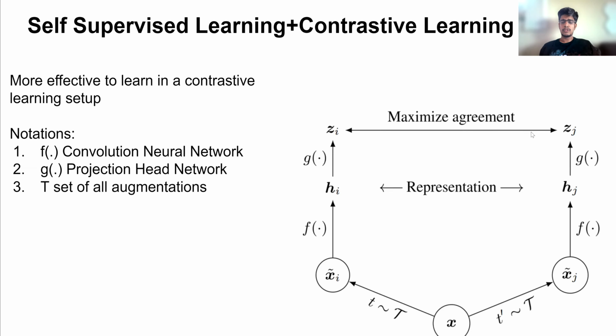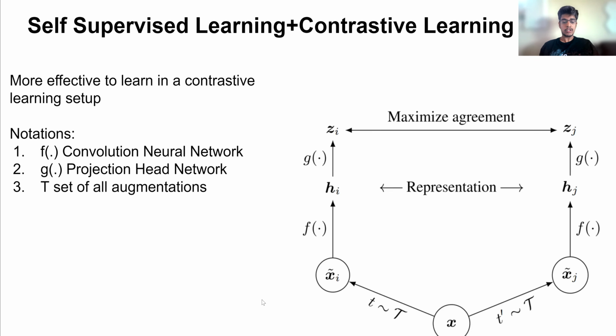But what's more important is that in a contrastive learning setup, you want the final representations, zi and zj, to be equivalent because they are the same image. So you want to maximize the agreement between zi and zj. And if you learn by this strategy, you get a really good representation of the images.